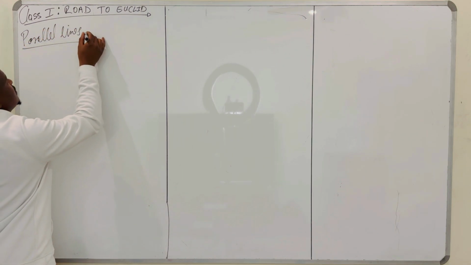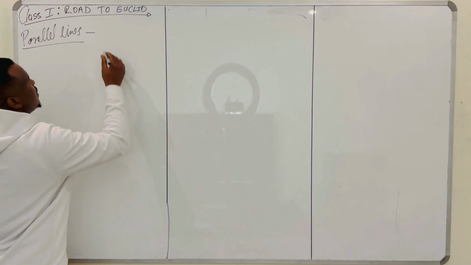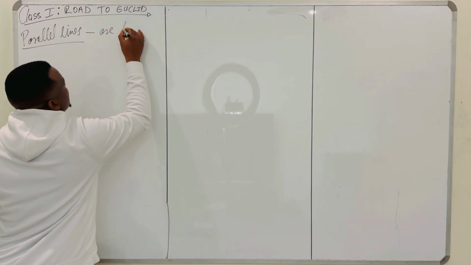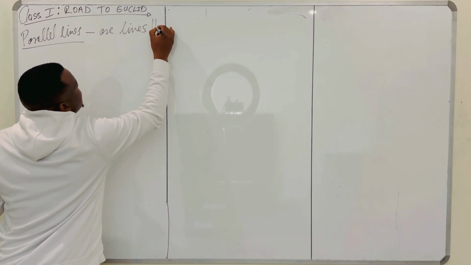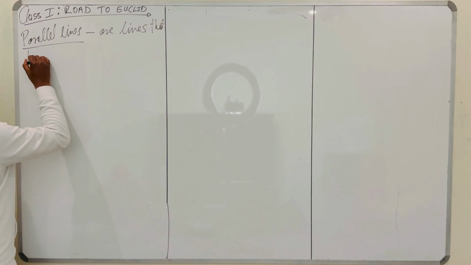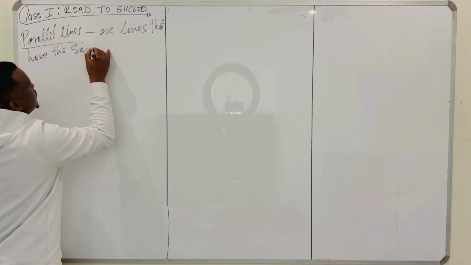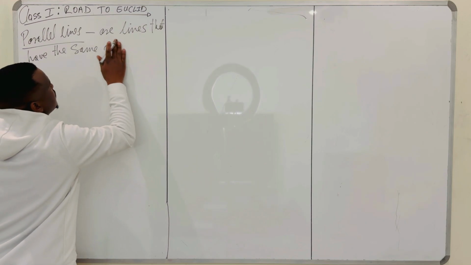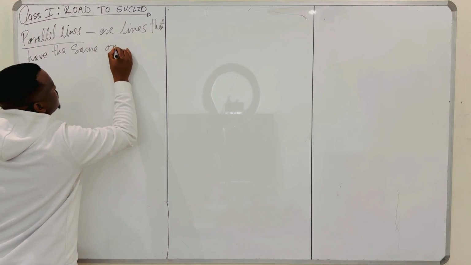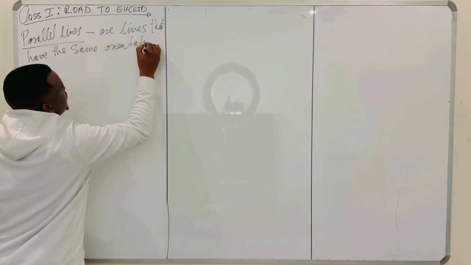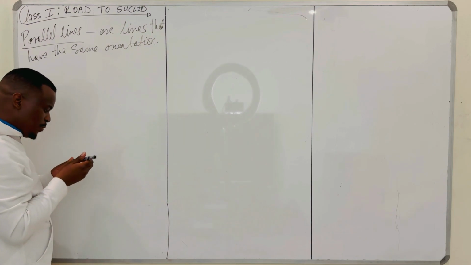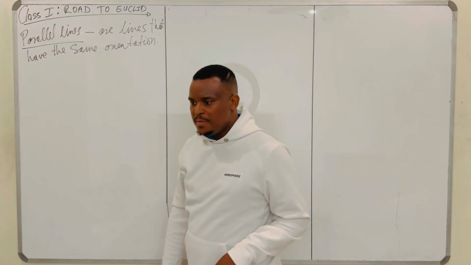Parallel lines, I'll just simply define them. Parallel lines are lines that have the same orientation. They have the same orientation, which means they have the same shape.